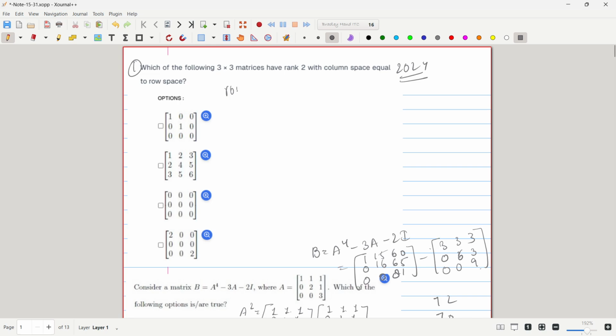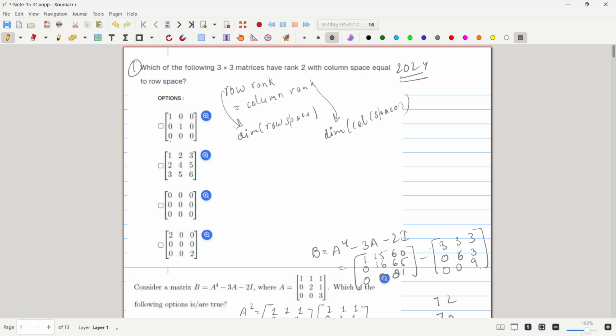Before doing this question, you have to keep one thing in mind: row rank is always equal to column rank. Row rank is the dimension of row space, while column rank is the dimension of column space.